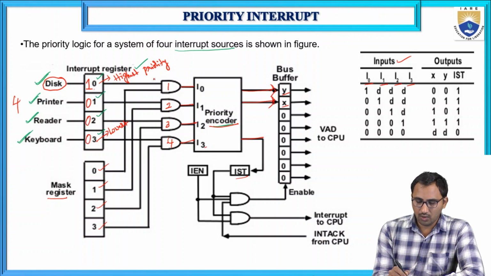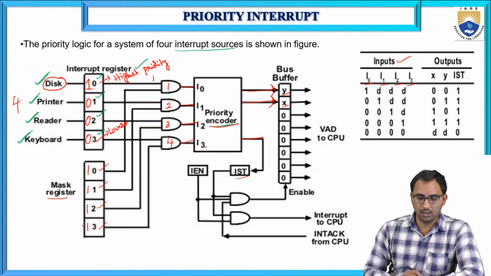One input to the first AND gate is 1, and the mask register always stores all ones. All registers are stored with 1.